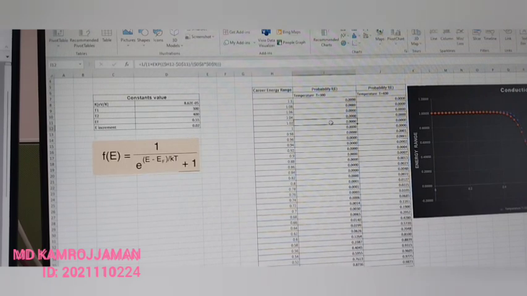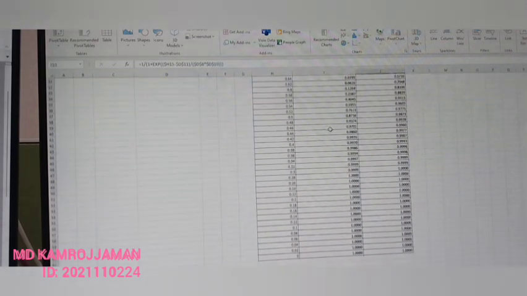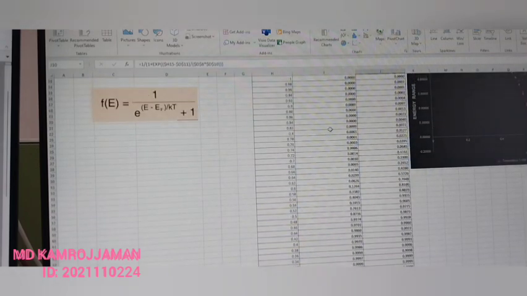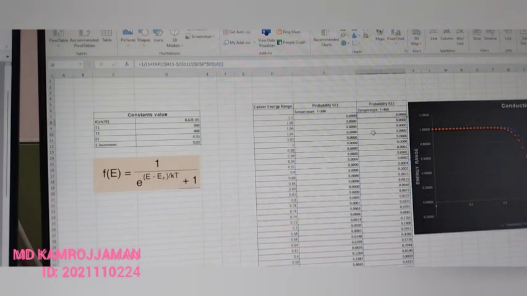So I just put this equation here in the function, then I get this value for probability at 300 K and 400 K.